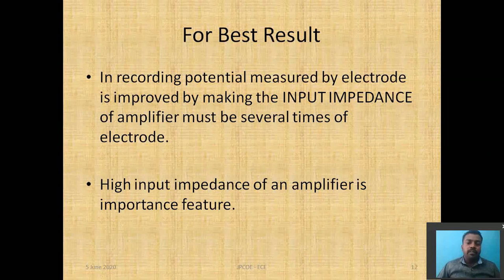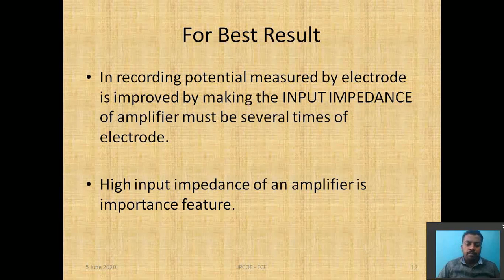Only then can we get the best result. A high input impedance amplifier gives a good biopotential recording.